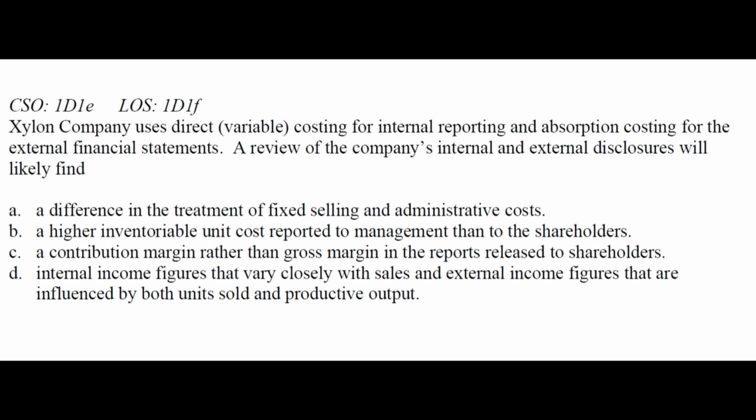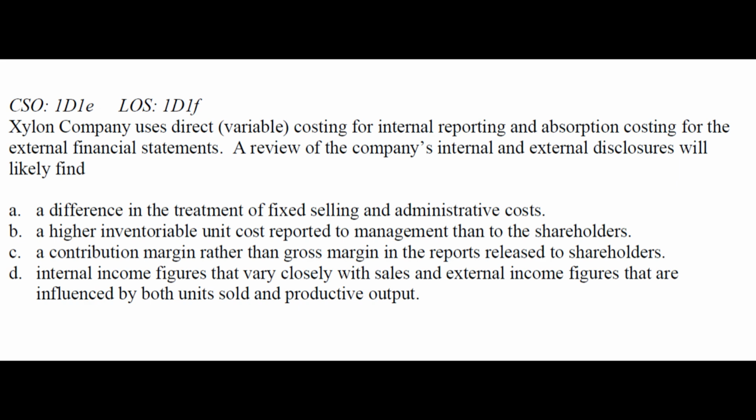Remember that selling and administrative costs are period costs under both methods, and external financial statements prepared under absorption costing normally report gross margin, while internal variable costing statements emphasize contribution margin. A. A difference in the treatment of fixed selling and administrative costs. Incorrect.